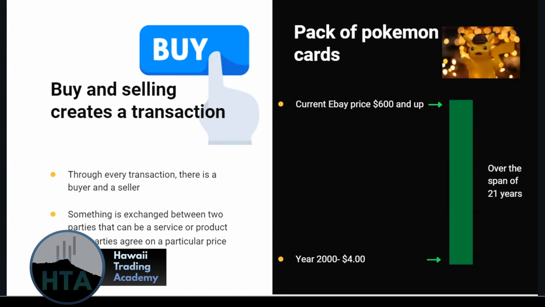So what I want to do is use an example, something for you guys to easily understand, where we're not just going to dive into trading. I'm trying to break it down, make it real simple: what we are watching with candles is the act of transactions. And so I'm going to use, as you can see here, a pack of Pokemon cards.